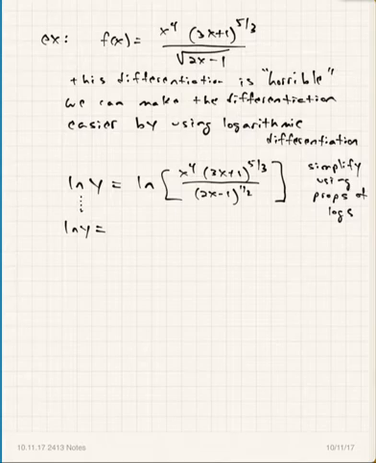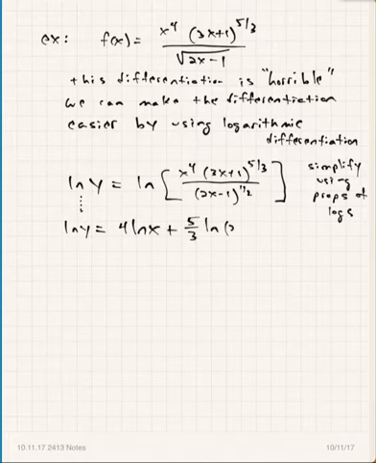What you will end up with is 4 natural log of x plus 5/3 natural log of (3x plus 1). It's an addition because that's a product in the numerator. And then minus, because we have a quotient in there, 1/2 natural log of (2x minus 1).